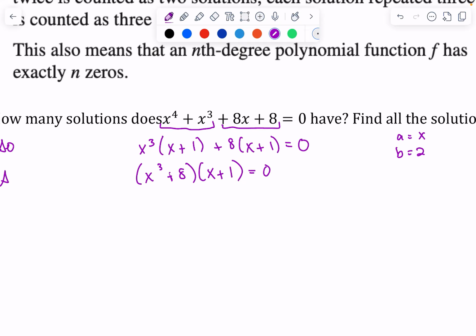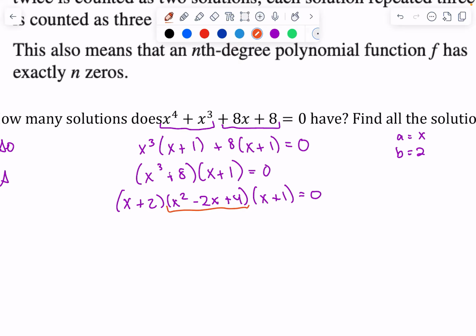So then, if I just follow the formula, this will factor to x plus 2 times x squared minus 2x plus 4 times x plus 1. And if you remember, in the lesson that we learned this, I had mentioned that whenever you factor with the cubes, this part here won't be factored further, okay? So at this point, this is as factored as this polynomial is going to get.